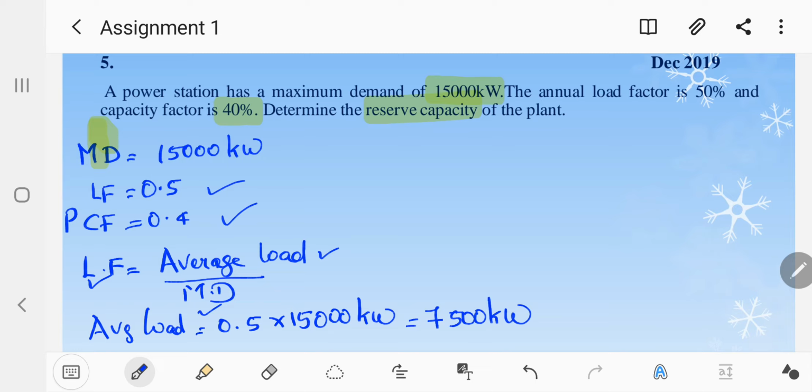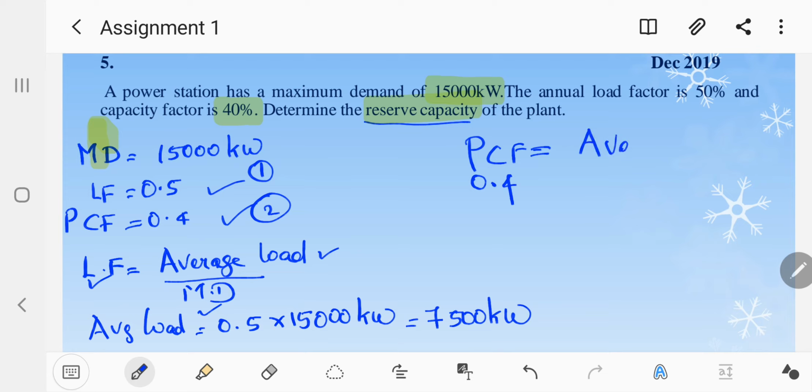But you are asked to find the reserve capacity, so where does this value come in? The plant capacity factor, PCF, the second value given in this question, is 0.4. What is plant capacity factor?